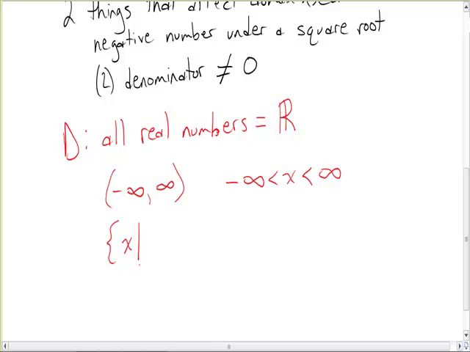This vertical bar means such that. All x such that. And now we can just write however we want. We want x is a real number, is one way to say this. But you'll see this more often when you don't have all real numbers. And I'm about to show you one that doesn't.